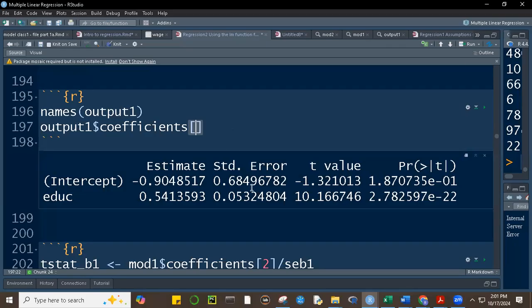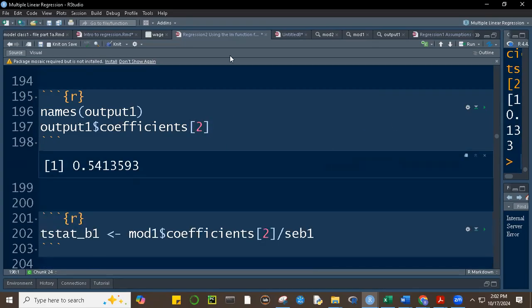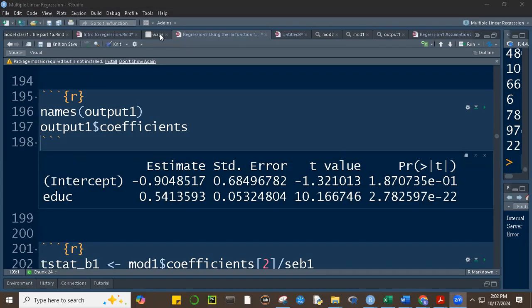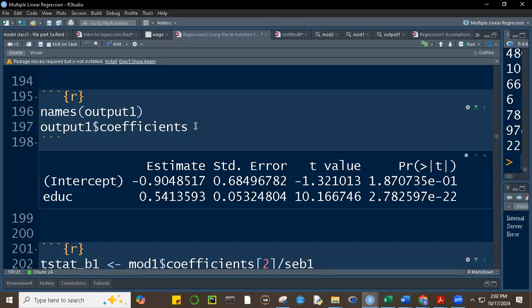If I only want to get, let's say, tingnan natin class ha. If I put 2 here, class, what will this give us? 0.54. What's that? That's this one, the estimate, di ba? Okay, so my answer 3. Okay, if I put 3, class, what happens?